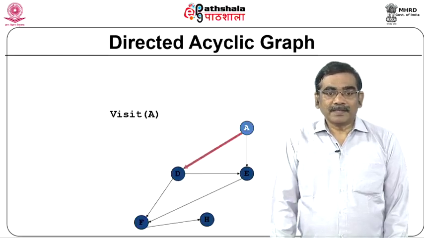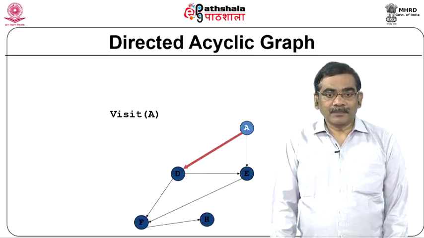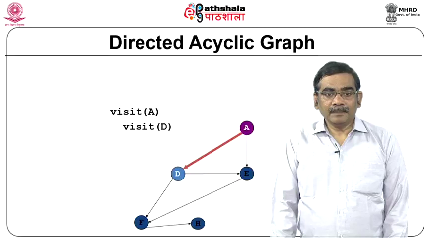Now you can see very well, from A I am going to visit node D. Now the scenario is like this. From D I can go to E or F. So, I am visiting E.